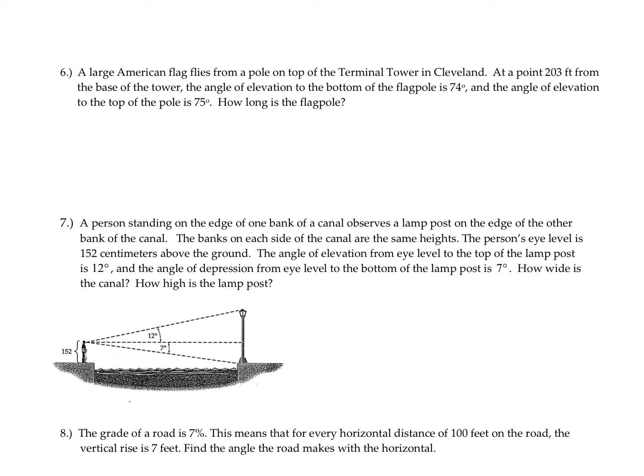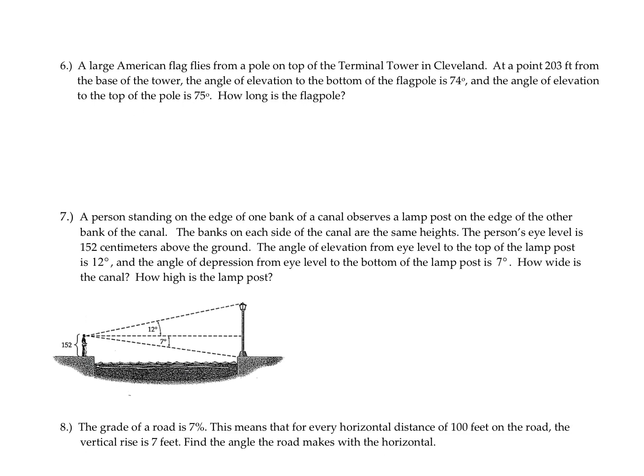All right, let's do a couple more word problems. So an American flag flies from a pole on top of the terminal tower in Cleveland. So we'll do this. We know it's going to be a right triangle because we're doing right triangles right now. And here's my little flag.